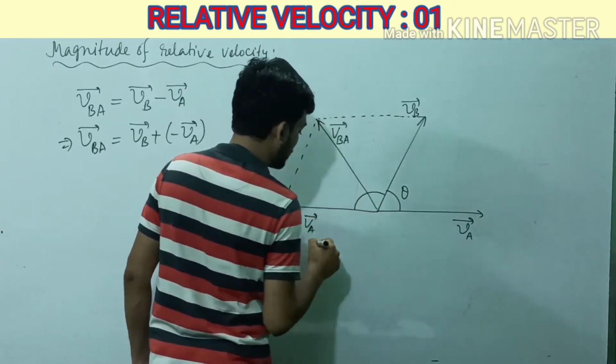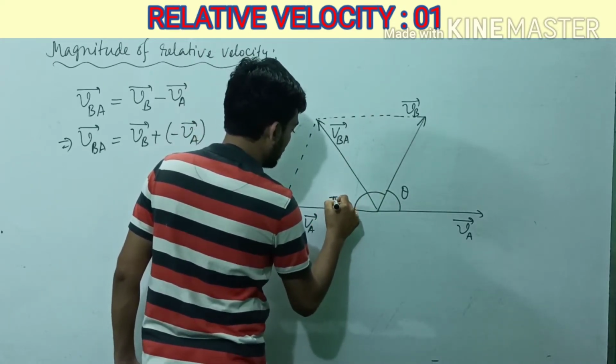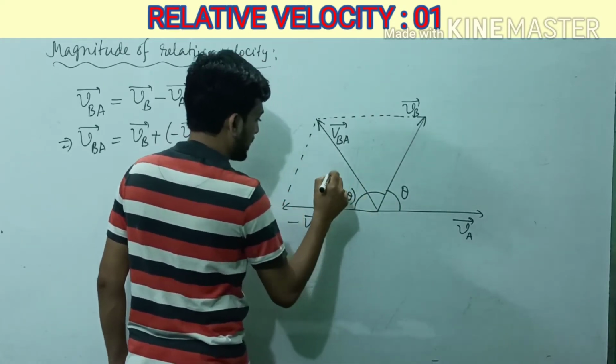And what will be the angle between this minus VA vector and VB vector? This will be simply pi minus theta.